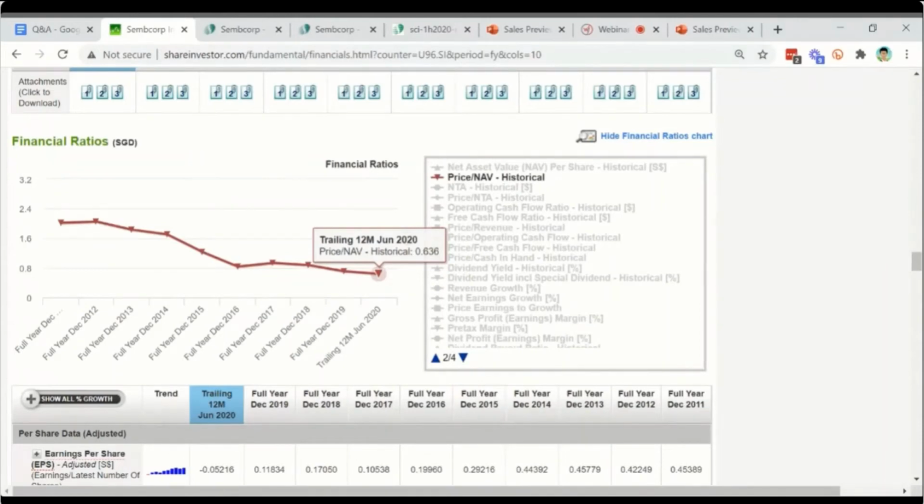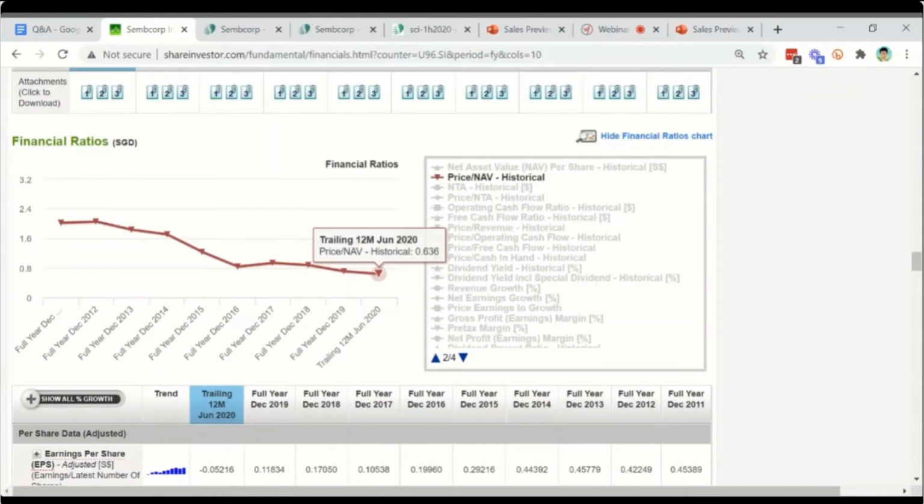So this is probably the reason why a lot of them have re-rated. If you go and read up on the analyst reports for Sembcorp Industries, I think many analysts have re-rated it after the marine business has been carved out. Right now, it is a stable kind of business with very low valuations of 0.6 times price to book ratio.